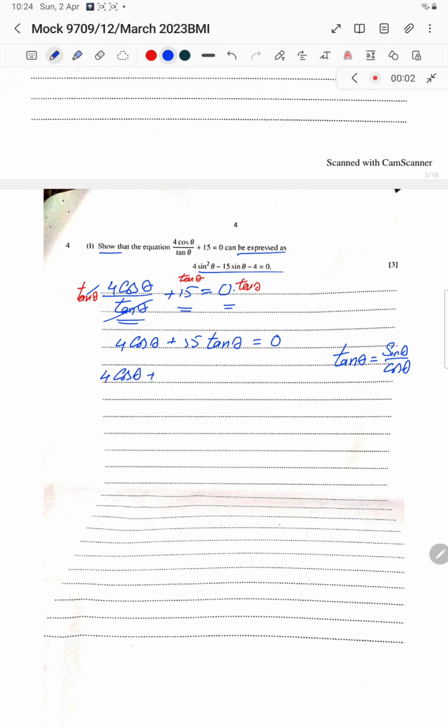cos theta plus 15 times, replacing tan theta with sine theta over cos theta, is equal to 0. Now again we have the denominator cos theta.